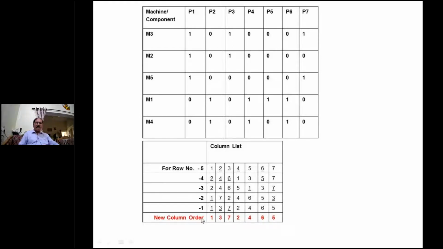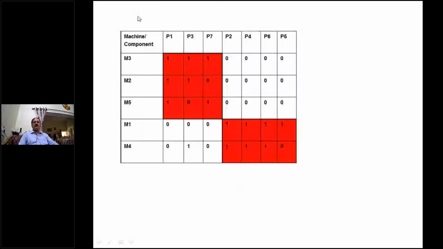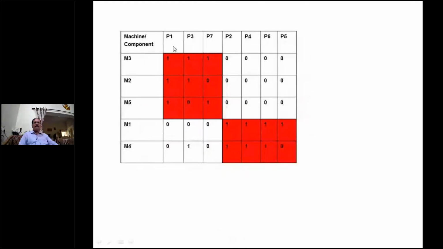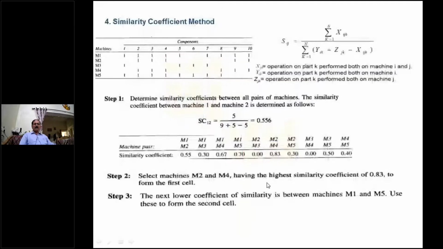Then finally, the new column order becomes 1, 3, 7, 2, 4, 6, 5. So now we put the columns in this order, and the rows have been written, and you find the block diagonal structures. This is what we simply do.